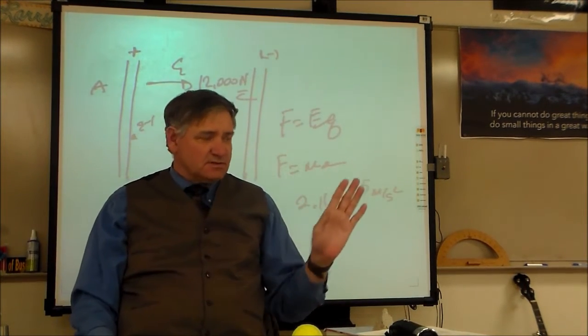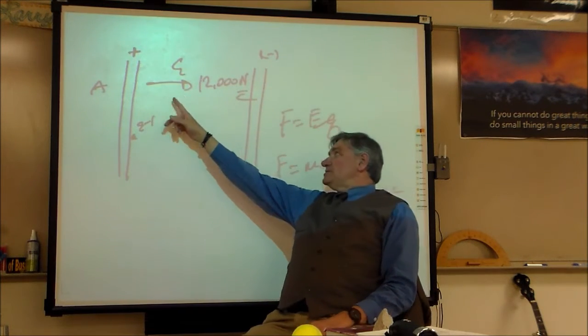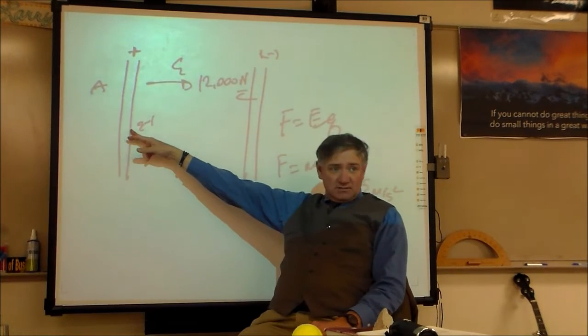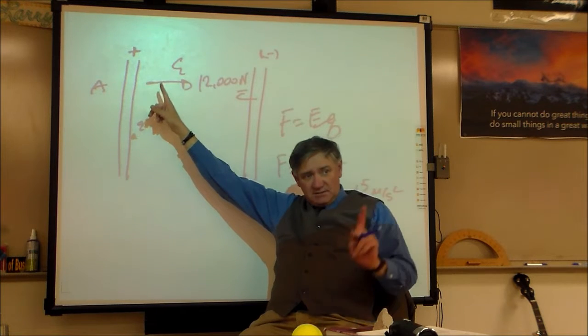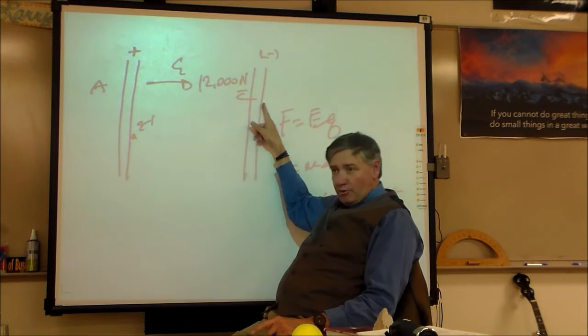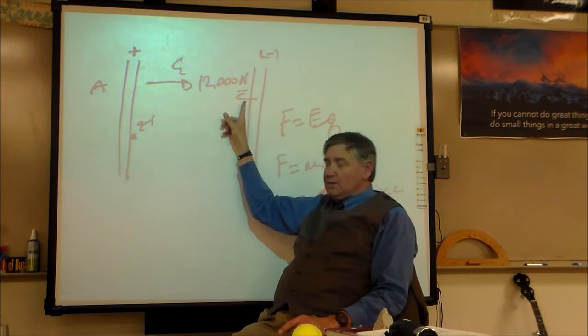Okay, that's the only way it works. So leave the electron out. If this is the direction of your electric field, you know that has to be your positively charged plate, because if you put a positive test charge here, it's going to be pushed in that direction. That's the direction of the electric field, okay?